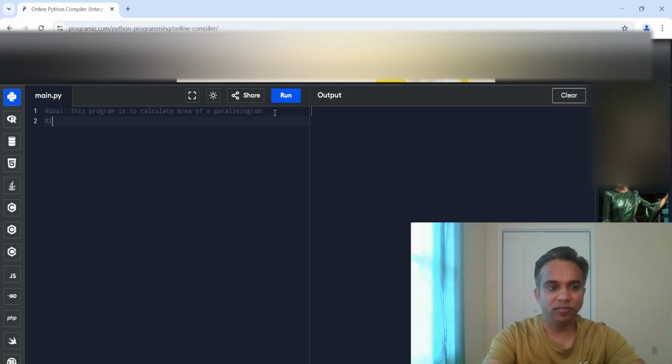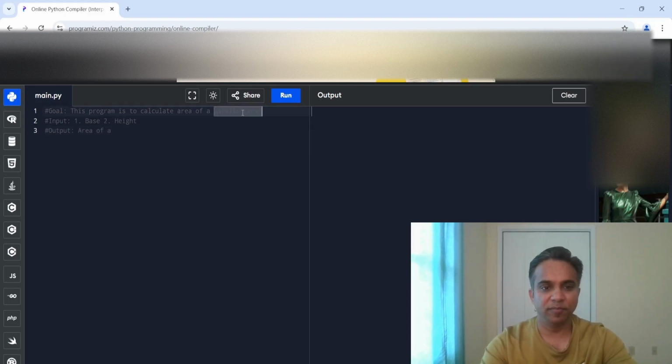Now the input is going to be the base and the second input is going to be height, and the output is going to be area of a parallelogram.